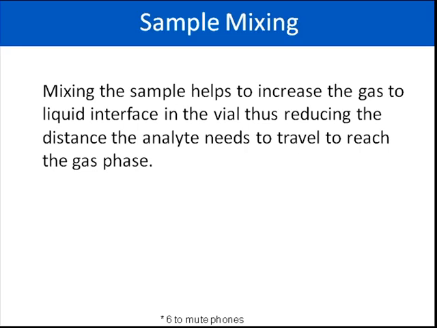If you mix the sample for a little while, it helps to increase the surface area interaction and helps those analytes move out of solution and into the Headspace at a much faster rate. Therefore, you may be able to reduce the overall thermal exposure time needed for the sample to reach that equilibrium.